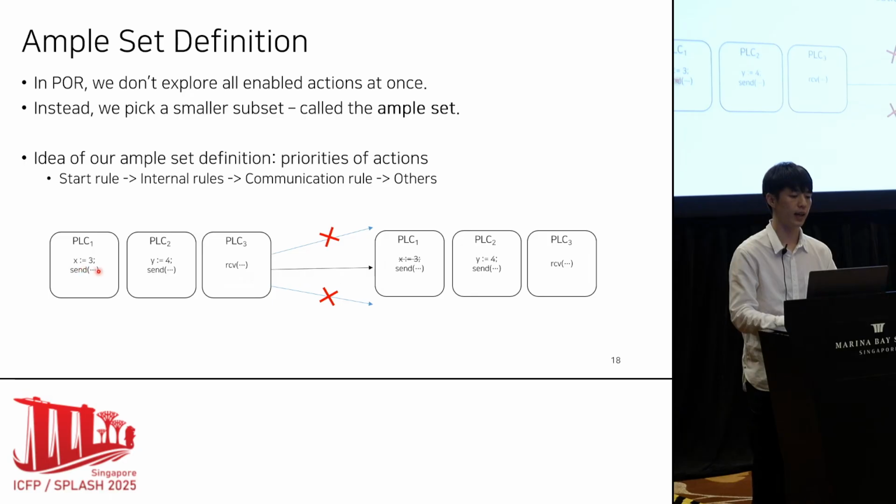Let's say x and y are local variables, and since they are local, the order of the assignment execution of either of these is not so important, so we can just explore one of the paths, which is taking PLC1's assignment statement, and that way we can reduce the state space.